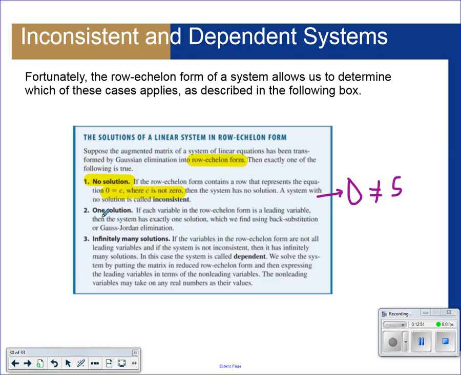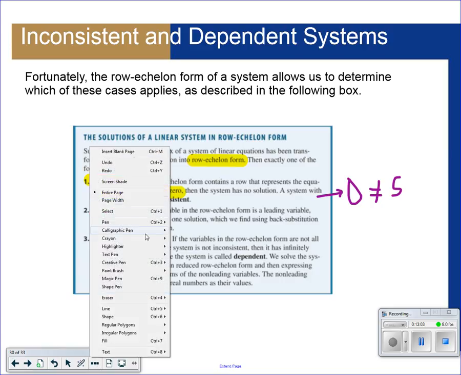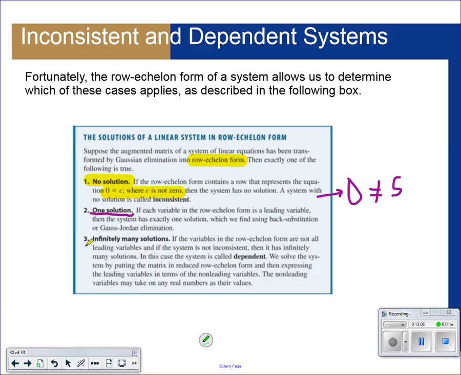You could also have 1 solution, and that's what we just did. And you could use back substitution if it's just in row echelon form. And then the other one is going to be infinitely many solutions. You are going to have infinitely many solutions if the variables in row echelon form are not all leading variables.